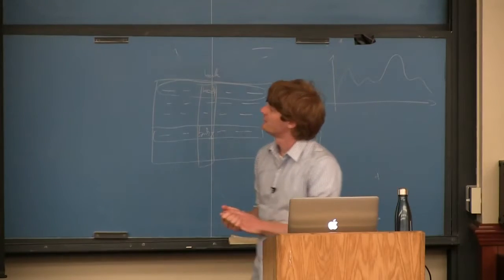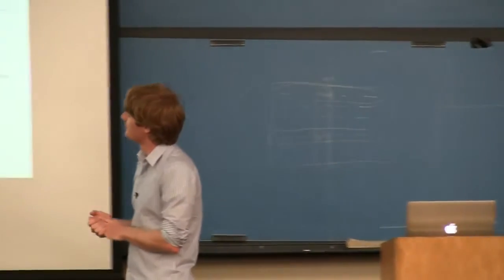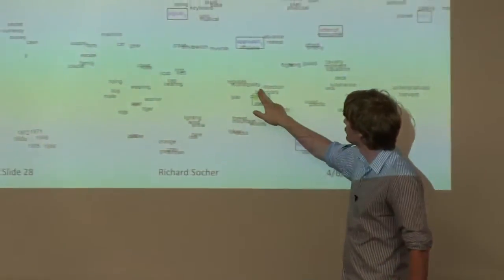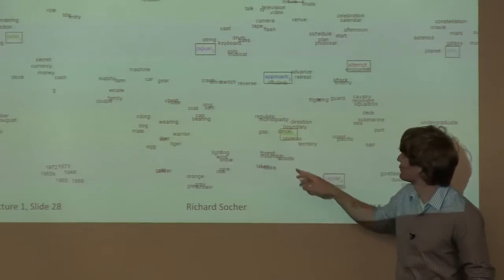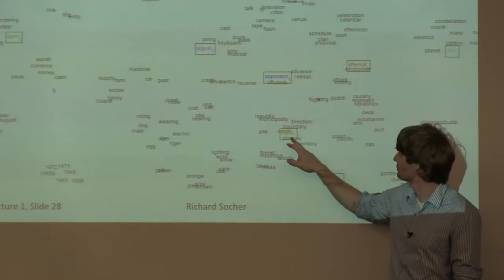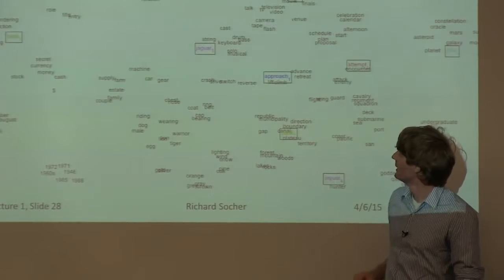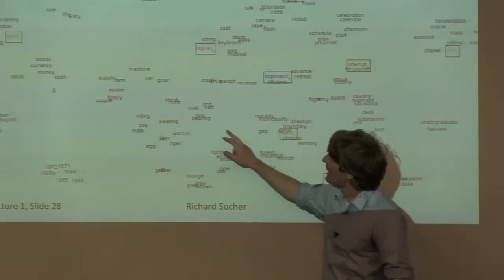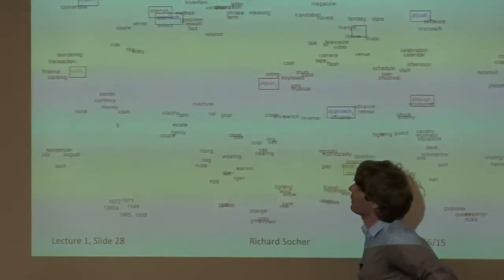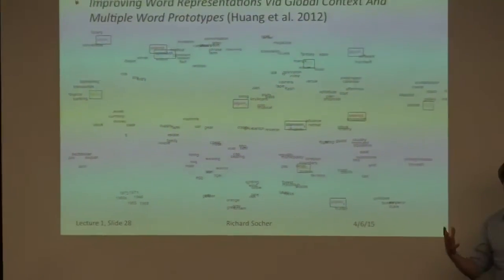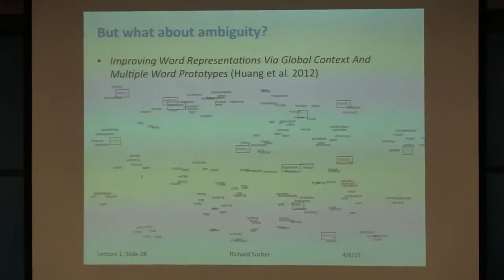And so this is kind of what the result will then be. Here bank 2 has actually learned to be sort of the river bank. So it's closest to plateau and territory and gap. And bank 1 is close to finance and transaction and laundering and so on. So it's basically the other meaning of bank.